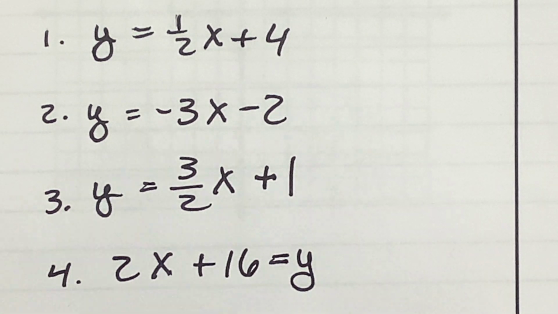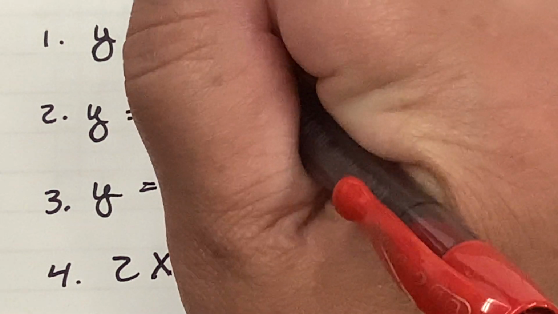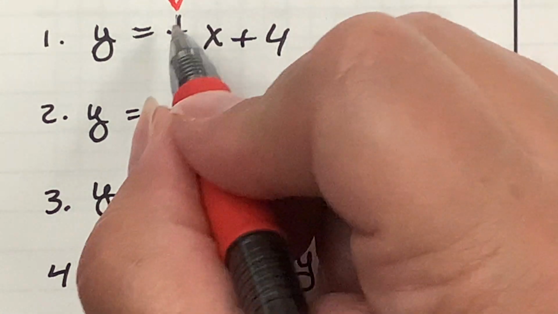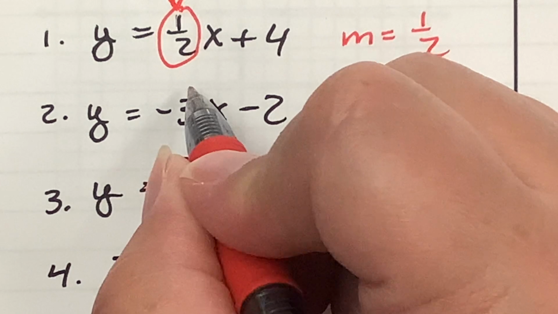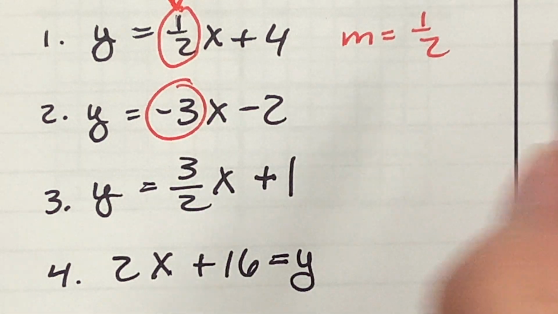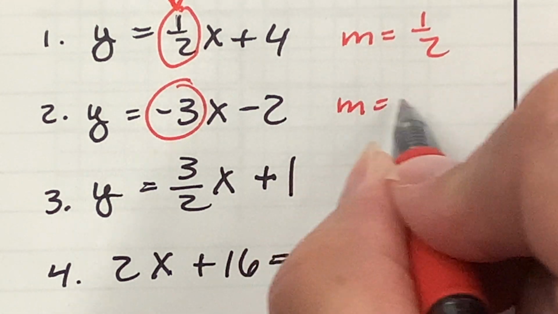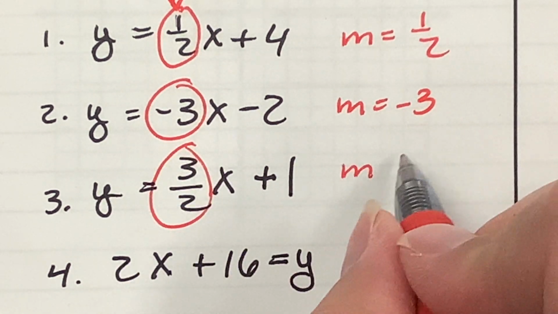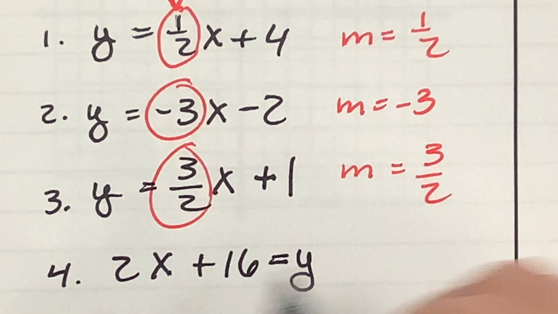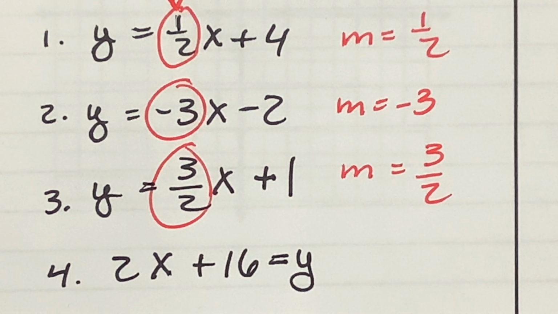So m is going to be the m right there. So here, m equals 1/2. And here, m equals negative 3. And here, m is a fraction, 3 over 2. And this is backwards.